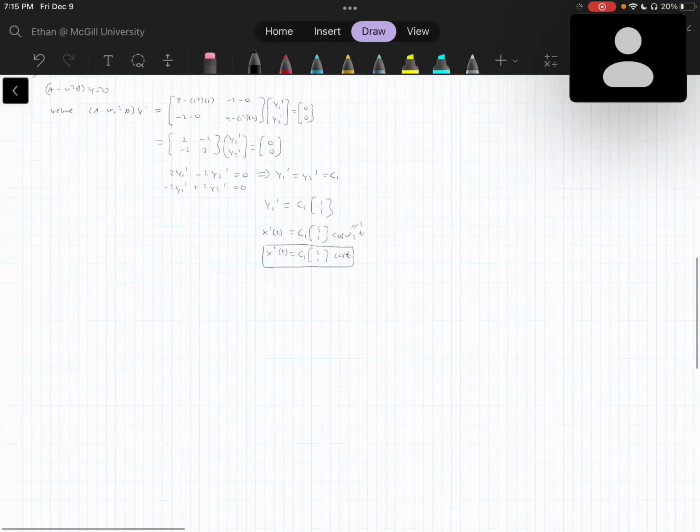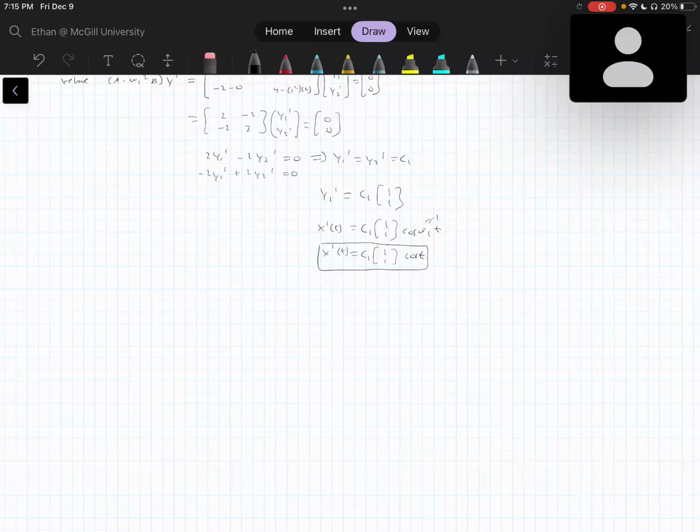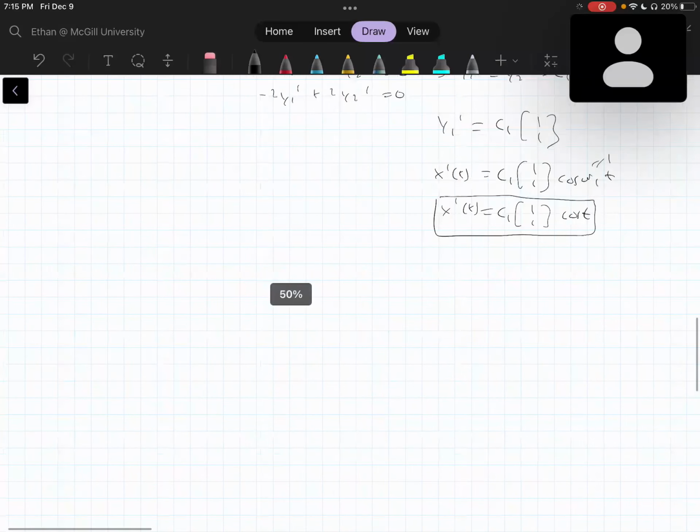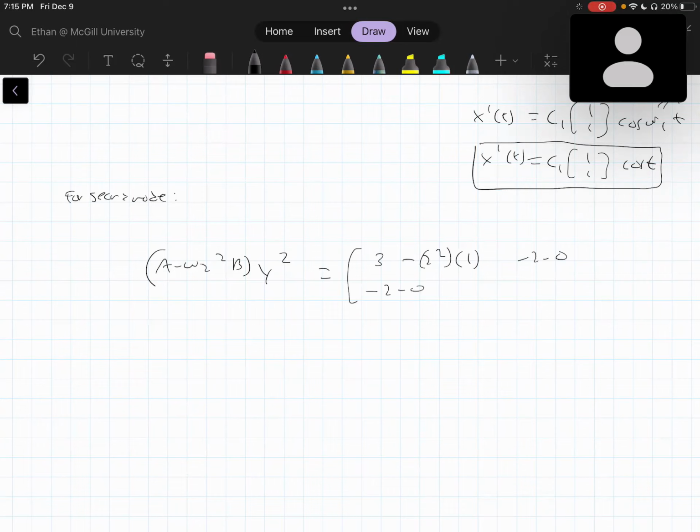Now we do the same thing for the second mode, which is a little bit more complicated, but we'll write it out now. So for the second mode, a minus omega 2 squared b. It's going to be y to the power 2 this time, just to differentiate again. This time our omega is equal to 2, so it's going to be 2 squared times 1, negative 2, negative 0 again.